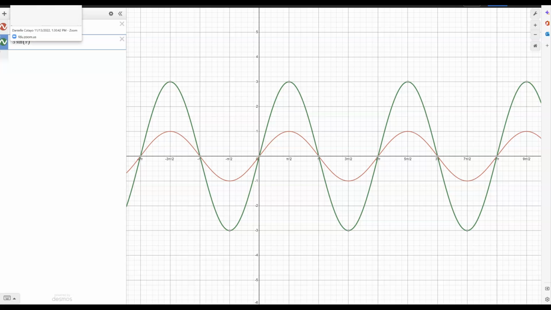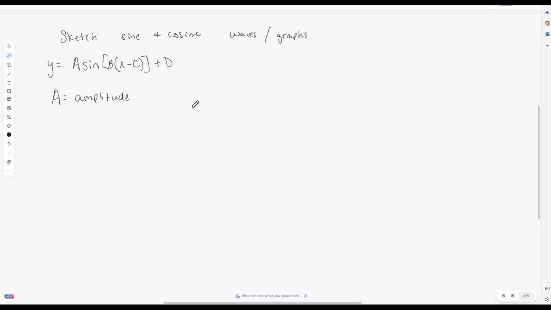It changes how high and low your graph will go. That one's fairly simple.